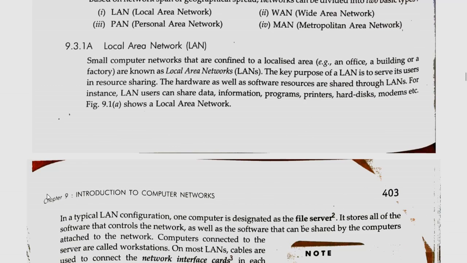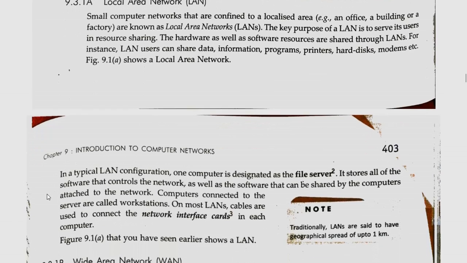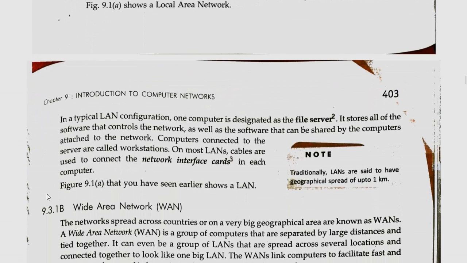Now let's move further. It is mentioned that in a typical LAN configuration, one computer is designated as the file server. It stores all of the software that controls the network, as well as the software that can be shared by the computers attached to the network. Obviously, you need a particular system which is used as a file server.